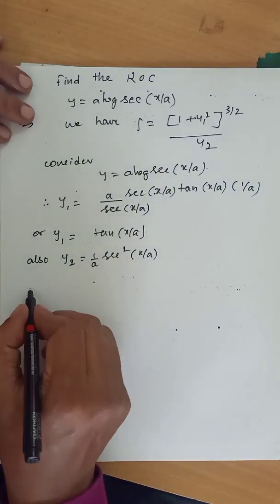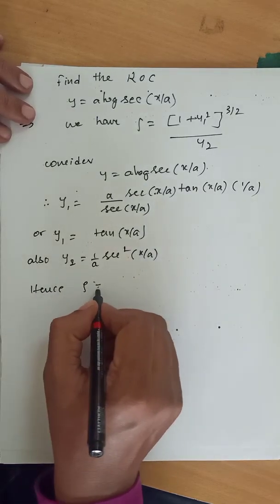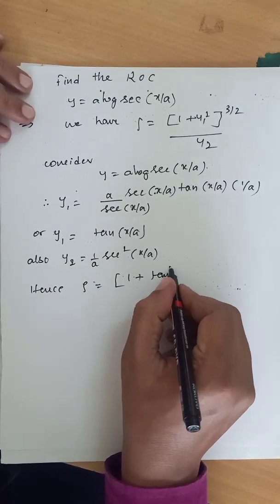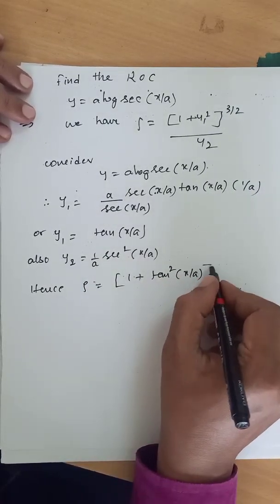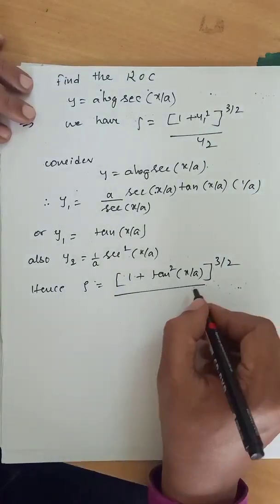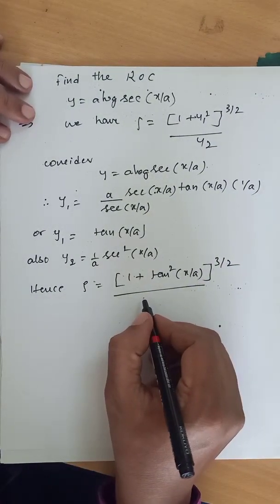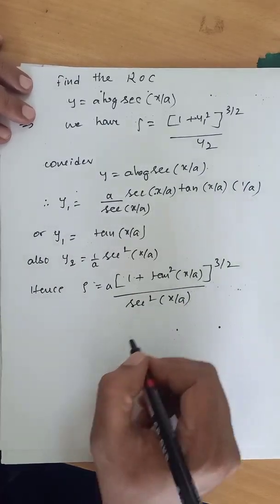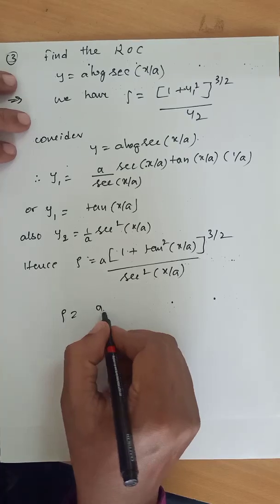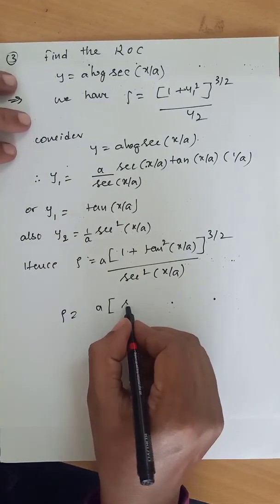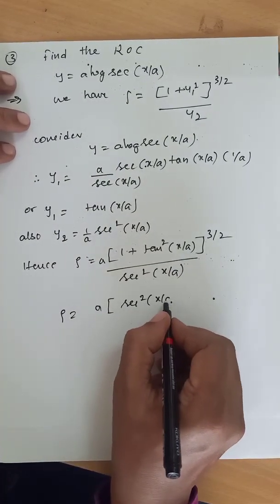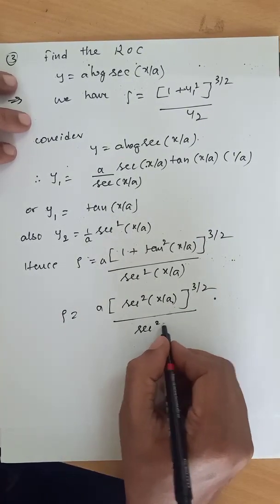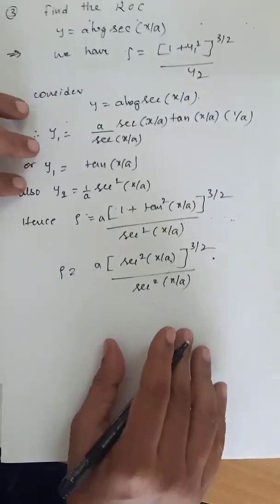Hence rho is equal to 1 plus y1 square is tan square x by a whole power 3 by 2 divided by y2 is a into secant square x by a. Rho is equal to a into 1 plus tan square is secant square x by a whole power 3 by 2 divided by secant square x by a.